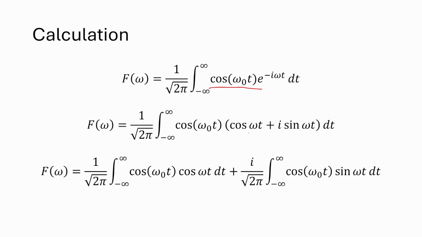The first thing that we are going to do in processing this integral is to take this sum and split it up into two separate integrations. So we'll have an integration of cosine omega naught t times cosine of omega t, and then that will be added to this second term with the cosine and the sine.